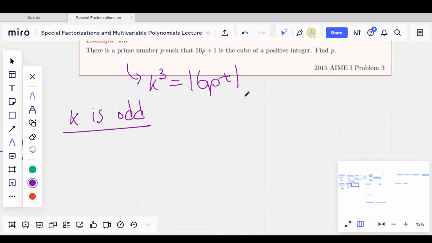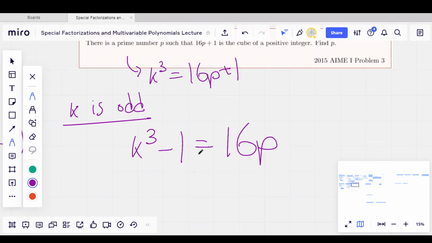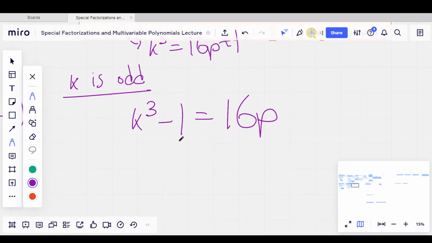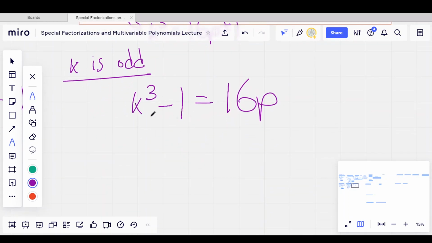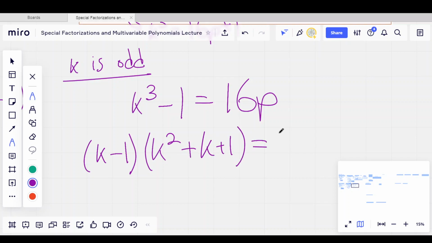So what you should do here is just subtract 1 from both sides, and then use the difference of cubes factorization. So we have k minus 1 times k squared plus k plus 1 equals 16p.